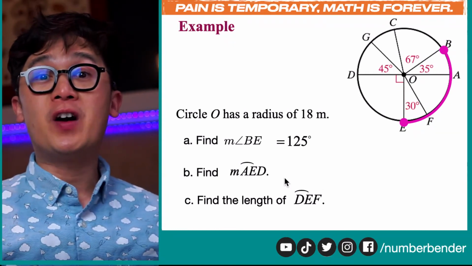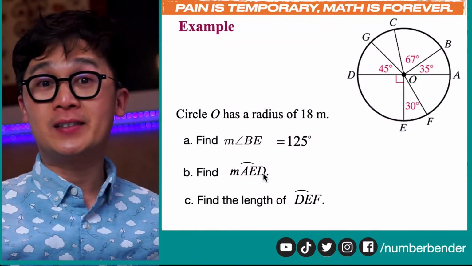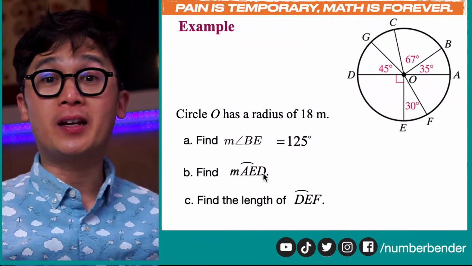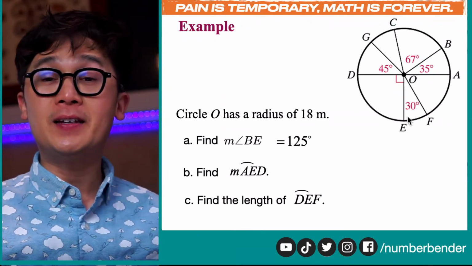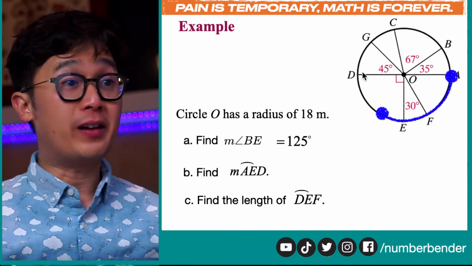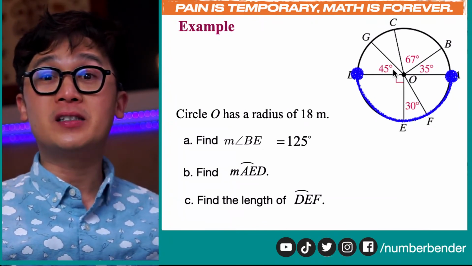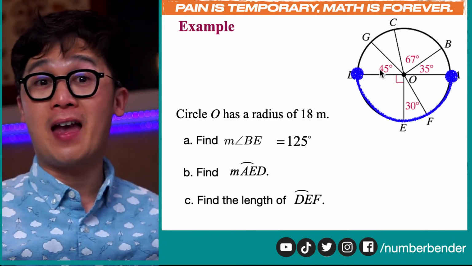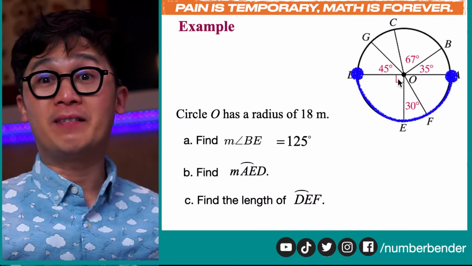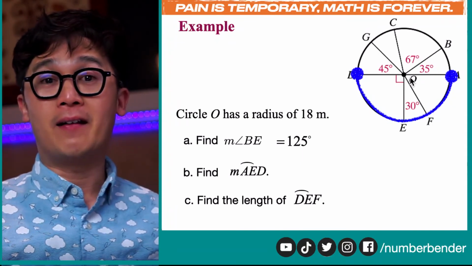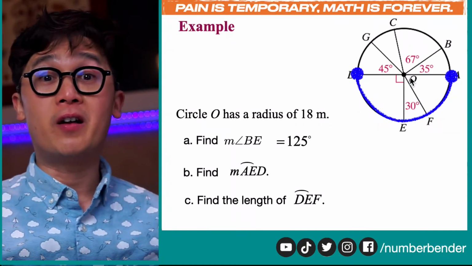Now, how are we going to find the measurement of arc AED? Let's figure out a way to illustrate arc AED. So this is A, this is E, and this is D. If we connect that arc, we'll produce a semicircle, and we know that this is a semicircle even though we don't have a ruler to measure it, because of the 90-degree angle right here, and adjacent to it is also a 90-degree angle, and if we add them up, it's equal to 180 degrees.